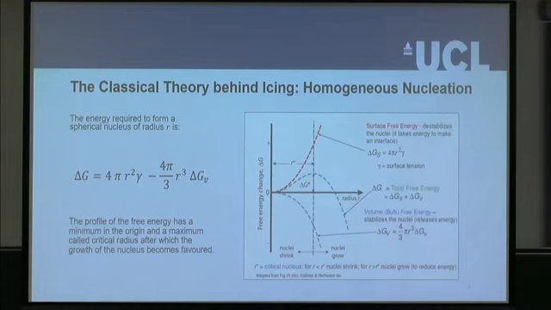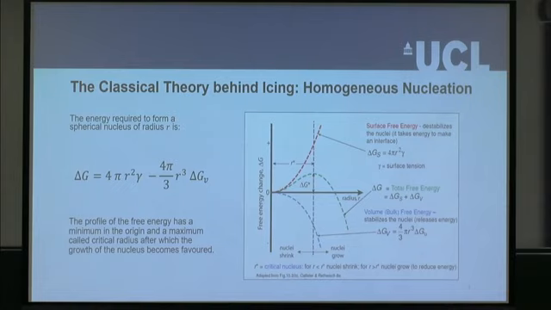If this nucleus is large enough, then it becomes stable, it doesn't melt away, and when it reaches its critical size, it can grow further, and the actual phase change can take place.